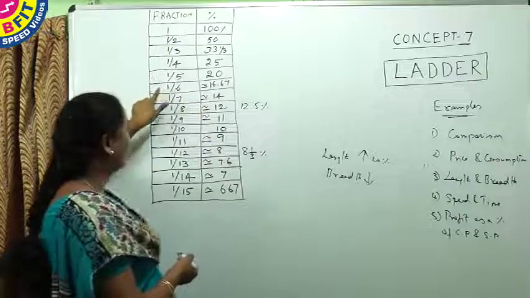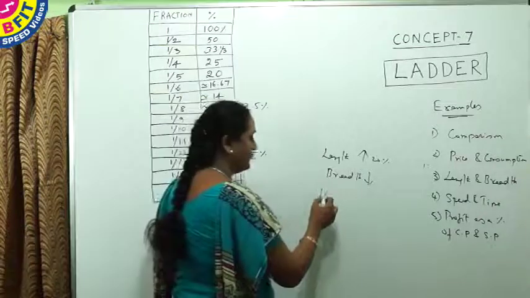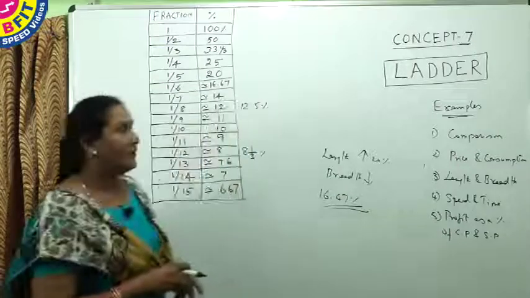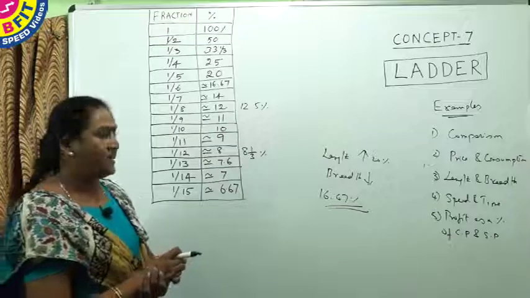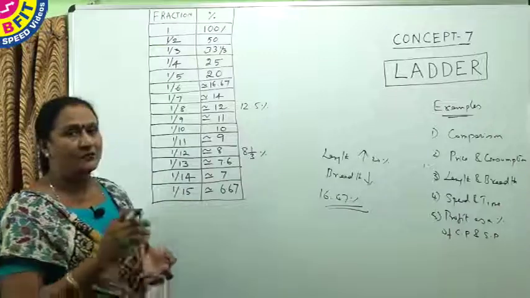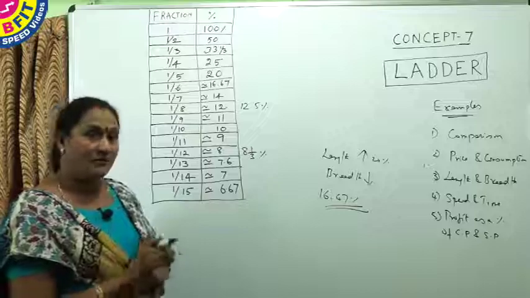So come one step down. What will be the required percentage? It is 16.67%. Now with the help of this ladder, all these reverse comparison questions can be easily worked out. Using this ladder, we'll work out a few examples, and you can see how easily we can get the answer within seconds.